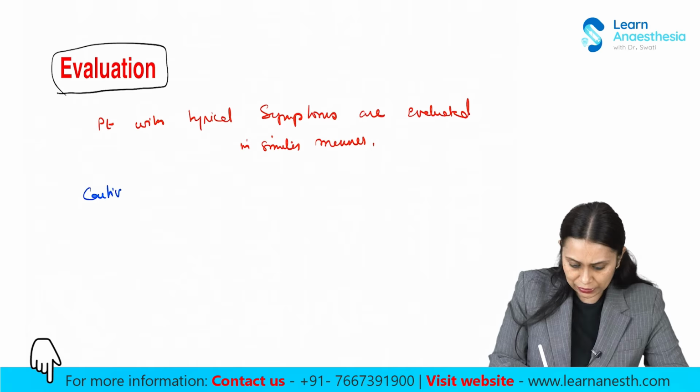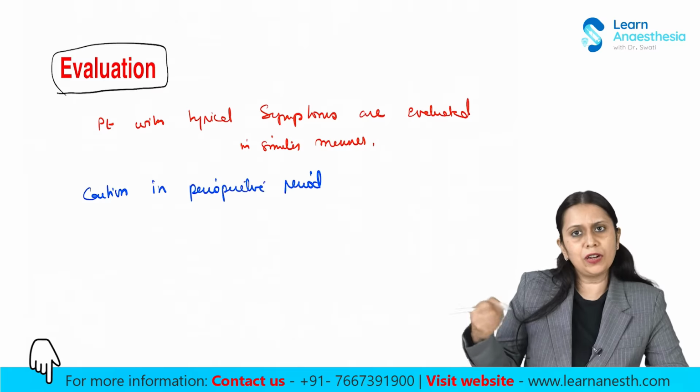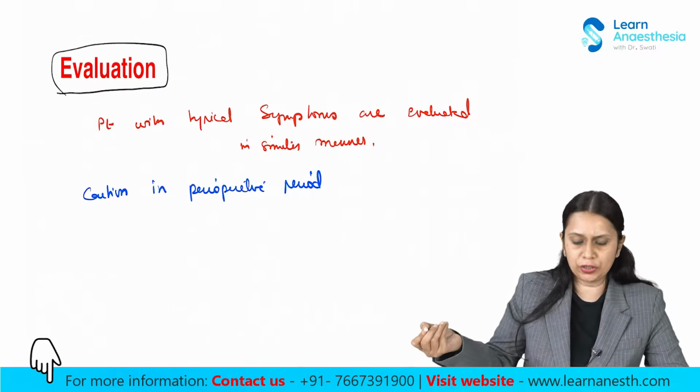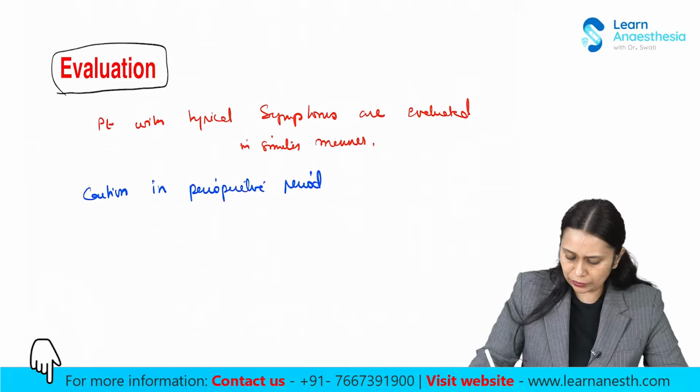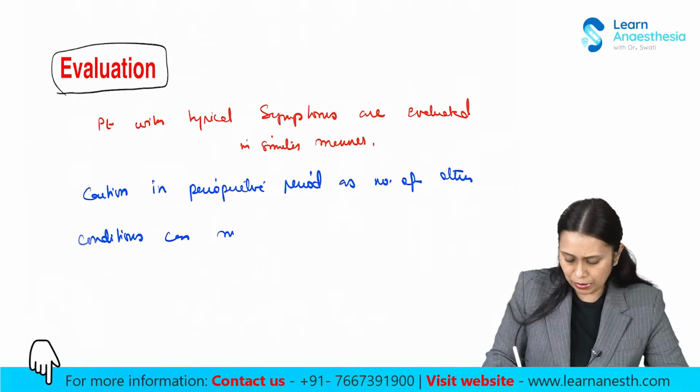Caution should be practiced in the perioperative period, because a number of other complications will mimic myocardial infarction and ischemia. Other conditions, like pulmonary embolism, can mimic myocardial infarction, right?